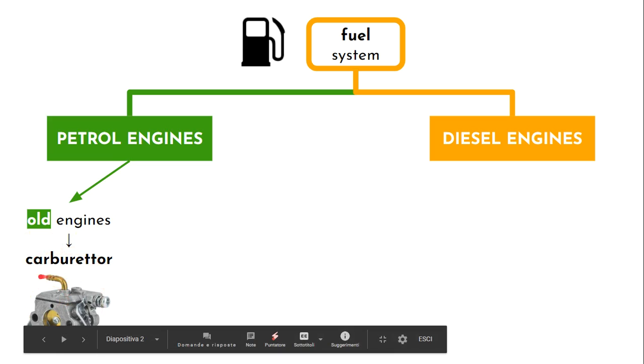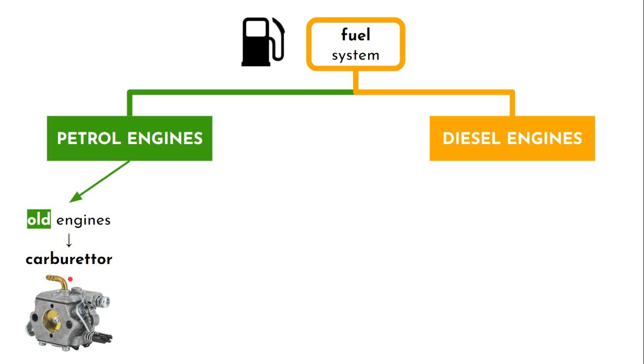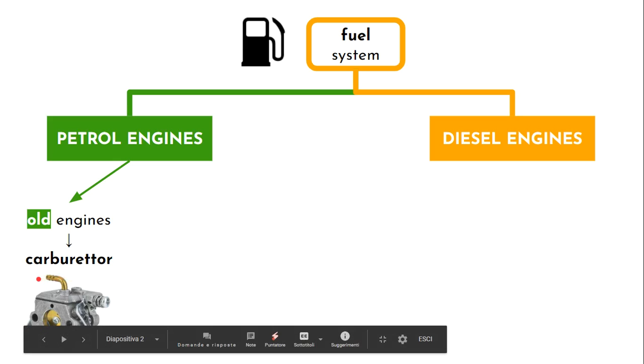A carburetor is this thing here, sort of. This is the carburetor of a chainsaw, okay? But it's very similar to a carburetor of a car. As you can see here, there is a small pipe which sucks in air, basically, and mixes it with fuel. Okay, so this is how it used to work in the past for old engines.